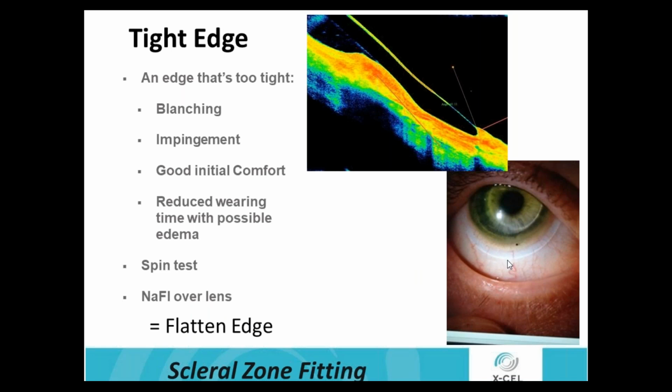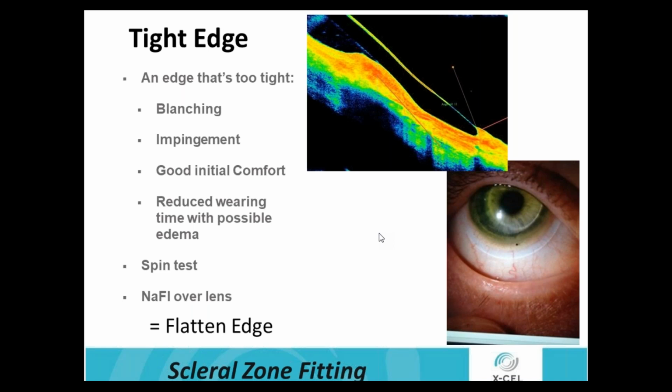Now, if I were seeing this inside, more towards the limbal area, I would have to make a decision on if I still can change it through the edge or if I have to do it through my limbal zone. You must know your design. How wide is my edge? How much can I move it?